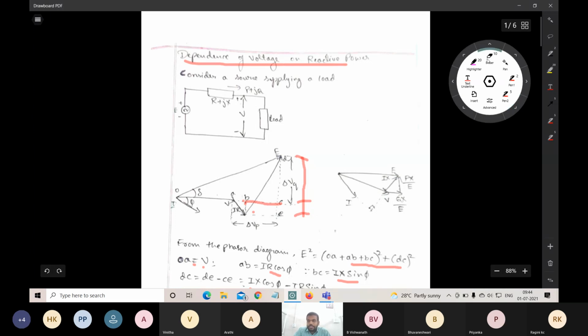Here I am just revising once again how to draw the phasor diagram. First draw the voltage line V, and since we are considering inductive loads, which have a lagging nature, the current lags the voltage. So this is the line characteristic, and the angle phi gives you the angle of lag.